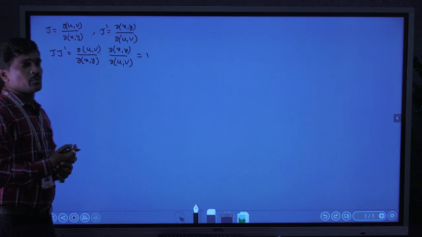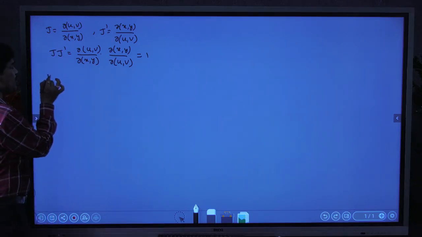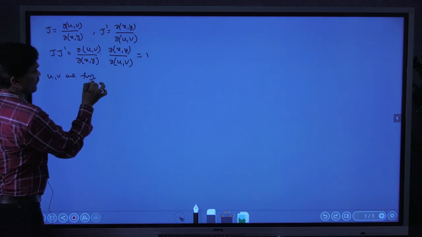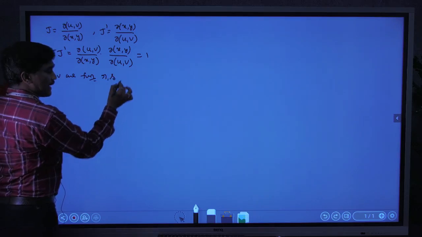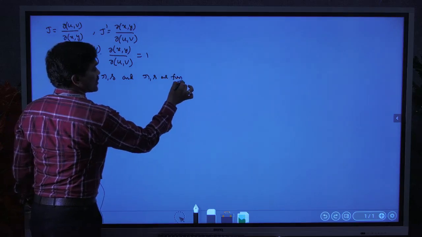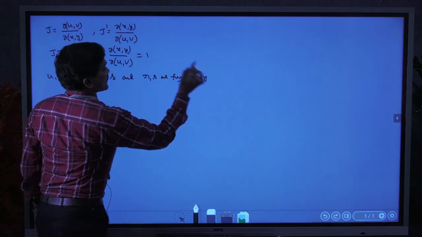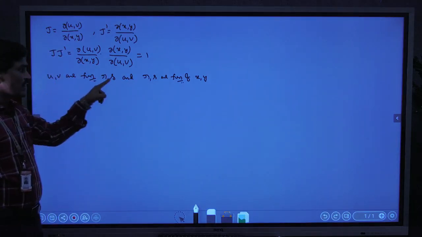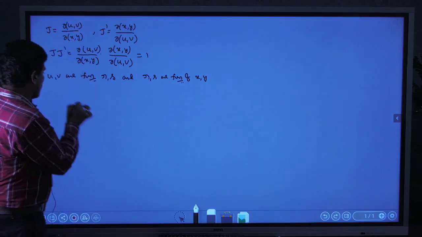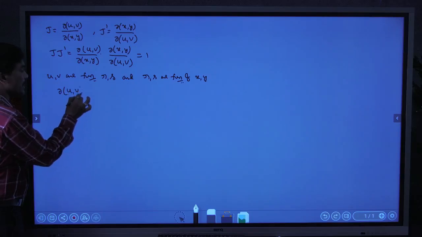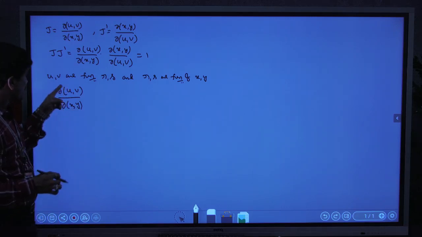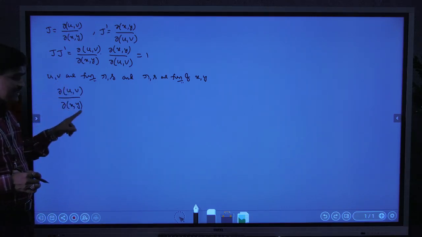So next property. Now here u comma v are functions of r comma s, and r comma s are functions of x comma y. Here uv are functions of rs and rs are functions of xy. Then dou uv by dou xy, that means actually uv with respect to xy.